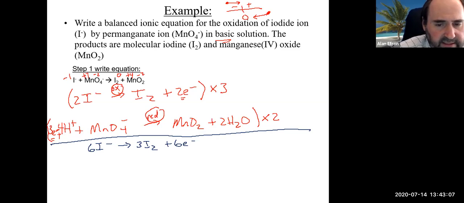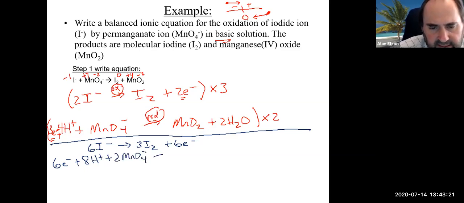Again, just distributing that 3 across. I'm going to distribute the 2 on the bottom one. So that's going to give me 6 electrons plus 8 H pluses plus 2 MnO4 minus goes to 2 MnO2 and 4 waters.